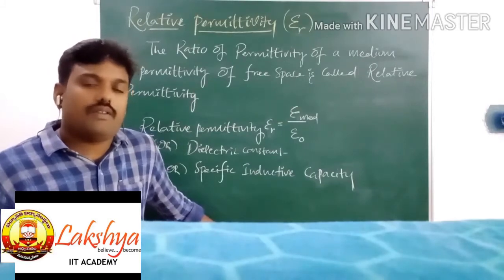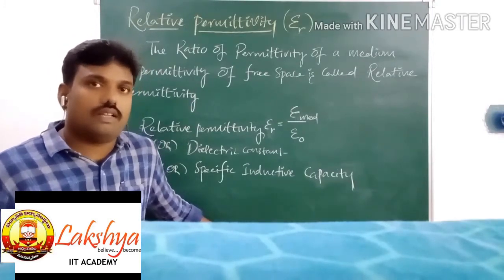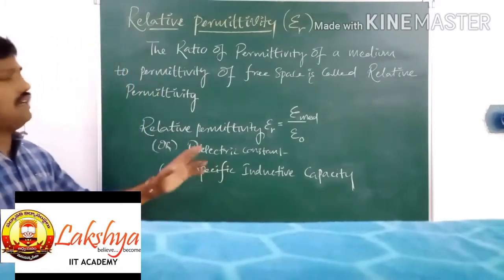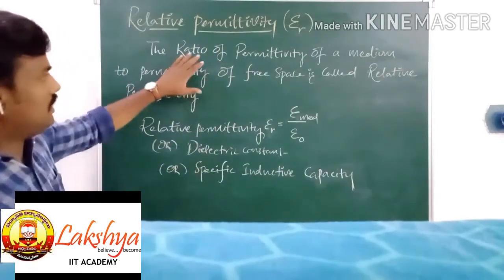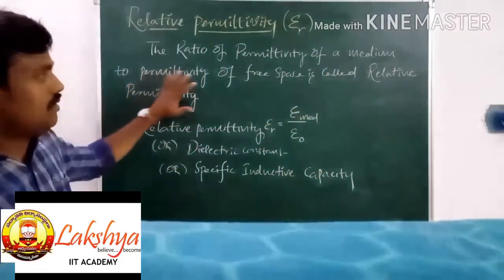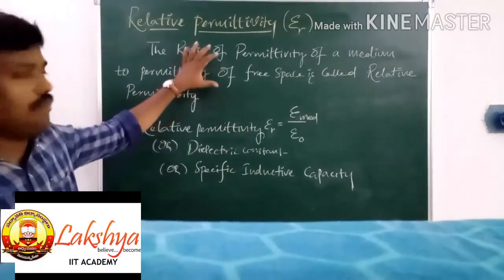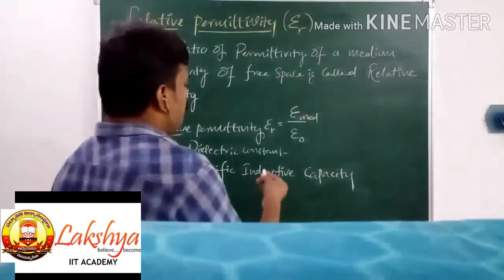If the permittivity of a medium is compared with this constant value, it is said to be relative permittivity. We define relative permittivity as the ratio of the permittivity of a medium to the permittivity of free space. It is simply a ratio.